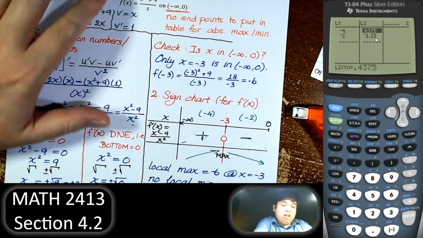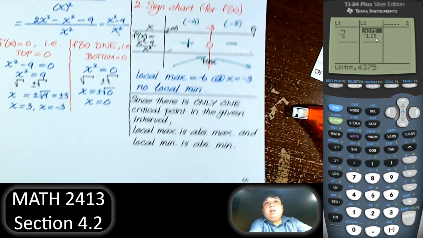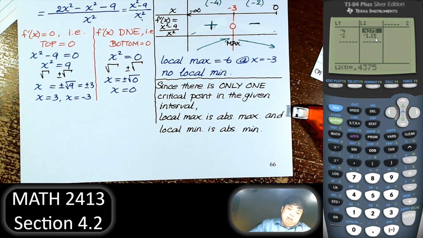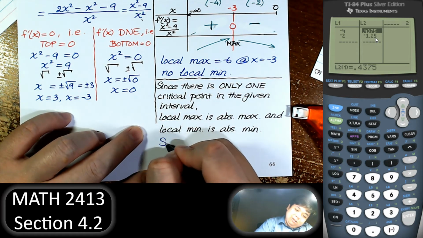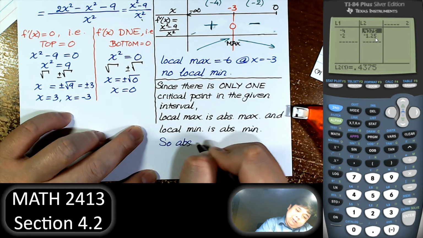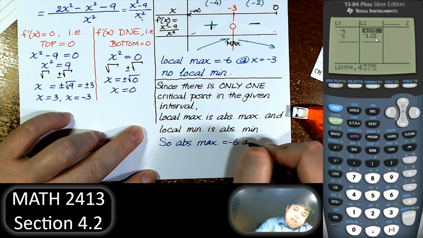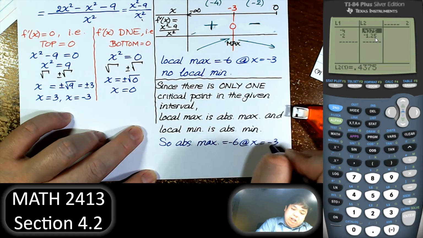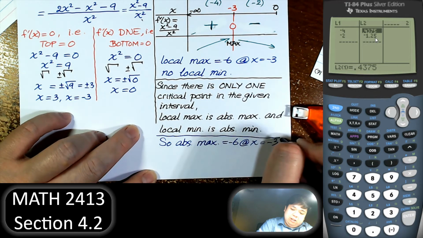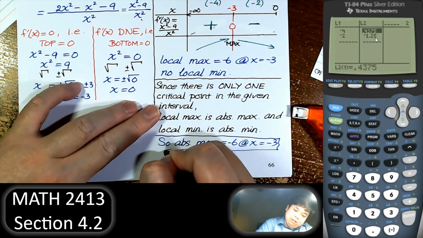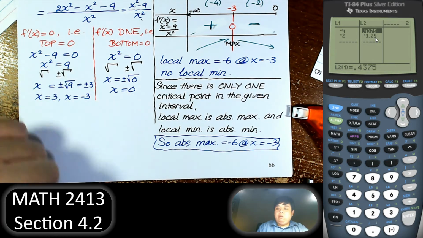That's why this theorem is very important. The absolute max for this problem is negative 6 at x equals negative 3, and that's all we have for this problem.